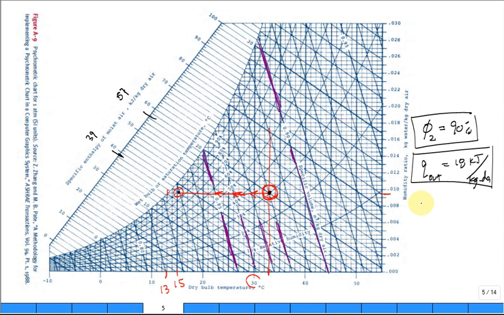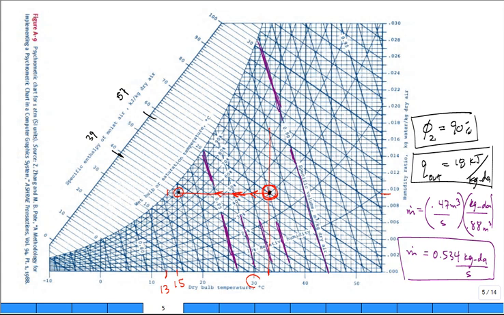So the mass flow rate is the volumetric flow rate, which is 0.47 meters cubed per second divided by 0.88 meters cubed per kilogram of dry air. And you have the mass flow rate of the dry air then to be 0.534 kilograms of dry air per second.